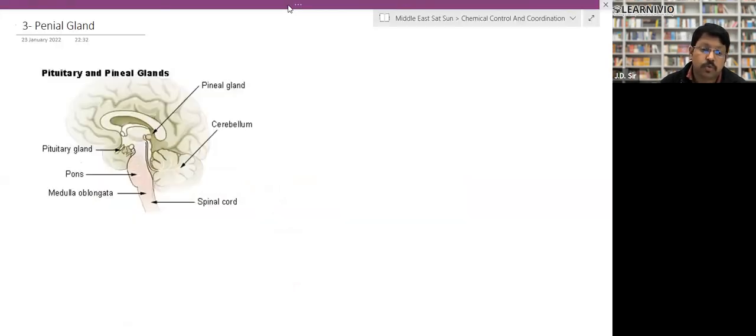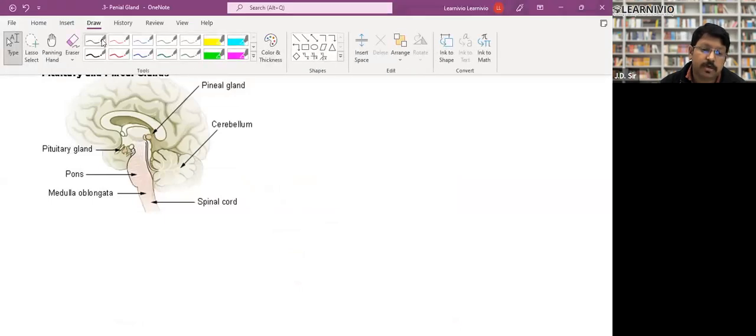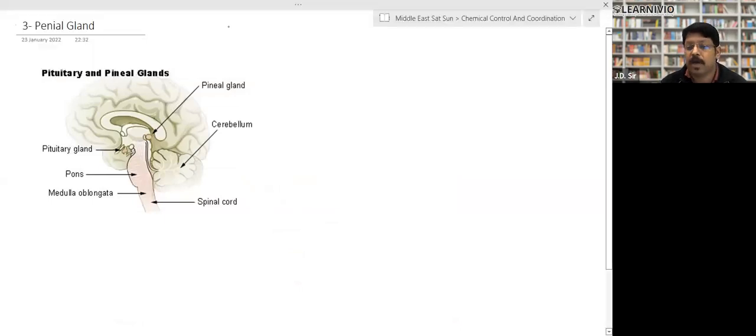Suppose we have been kept in a room where there is no watch or anything to tell the time, and nothing to tell whether it is day or night. Still, in that room we will wake up in the morning and sleep at night. That is the biological clock; it controls the day and night situation of our body.